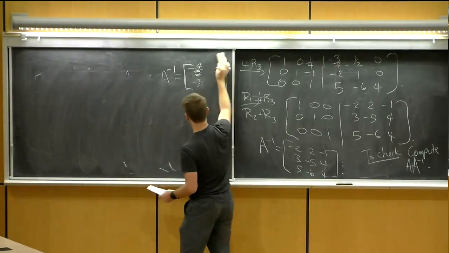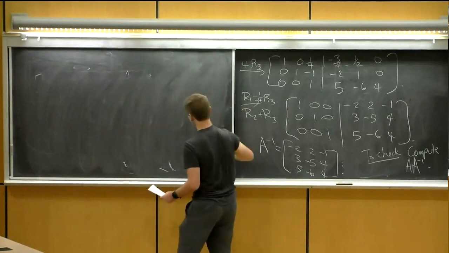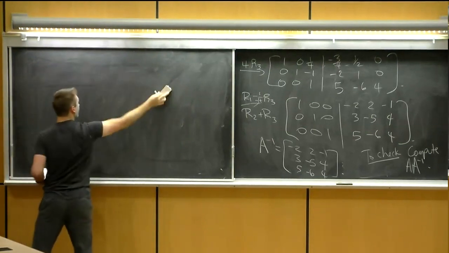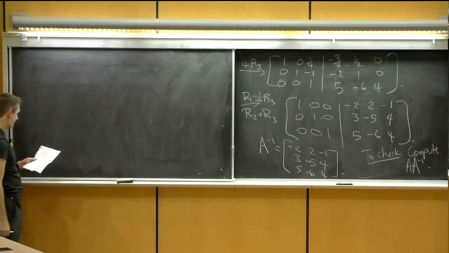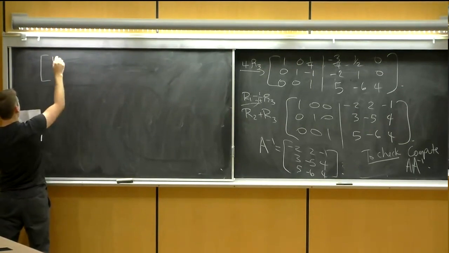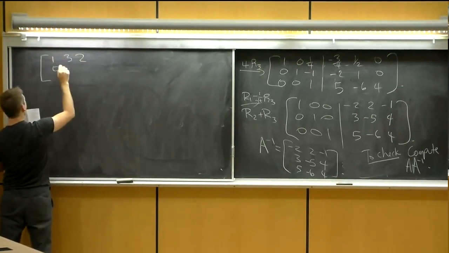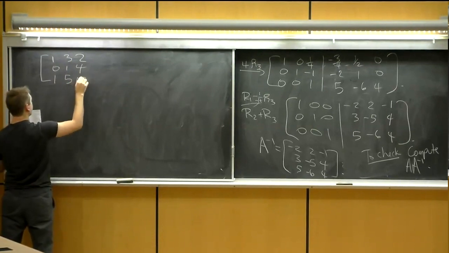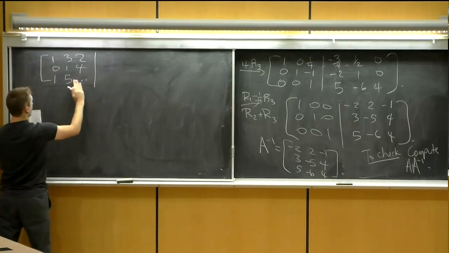Okay, so let's do an example where the inverse doesn't exist. Or maybe that's kind of a spoiler. But you could be given this matrix 1, 3, 2, 0, 1, 4, 1, 5, 10. Okay, and we're trying to find the inverse.